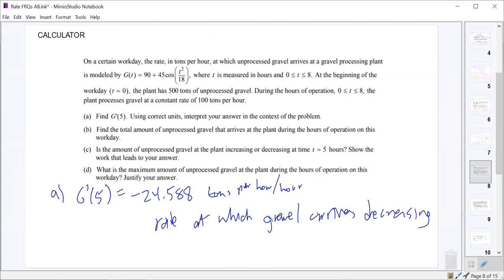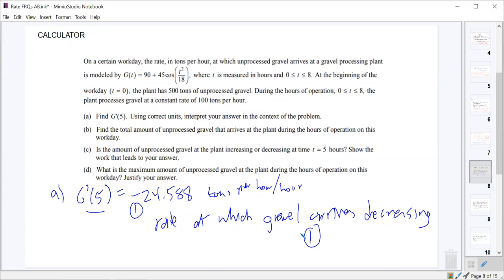It's the rate at which the gravel arrives that is decreasing, because this is the derivative of the rate function. You'd write a full sentence, like the rate at which the gravel arrives is decreasing at 24.588 tons per hour per hour when t is 5. One point for the right answer and one point for the explanation with your right units.